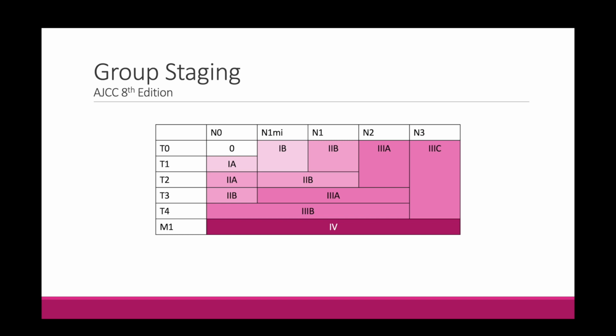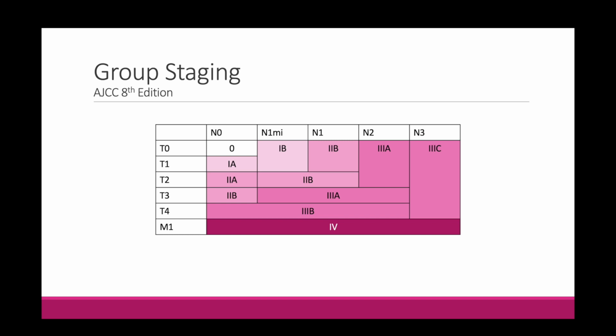The next stage is stage 3, and stage 3 is divided into different categories, but more so than knowing 3A versus 3B versus 3C, I think what's really important to understand is what constitutes a stage 3.